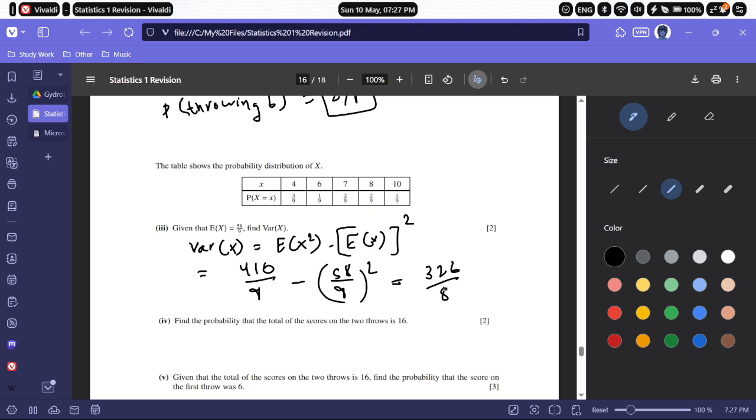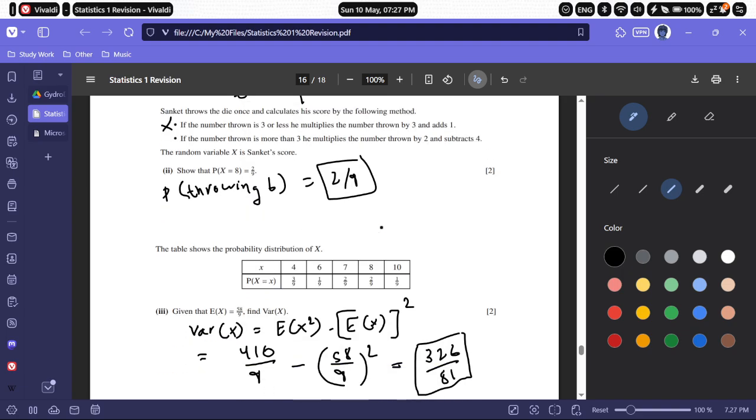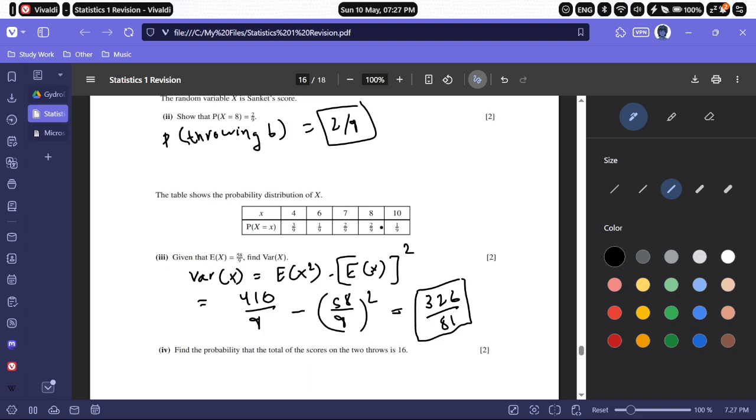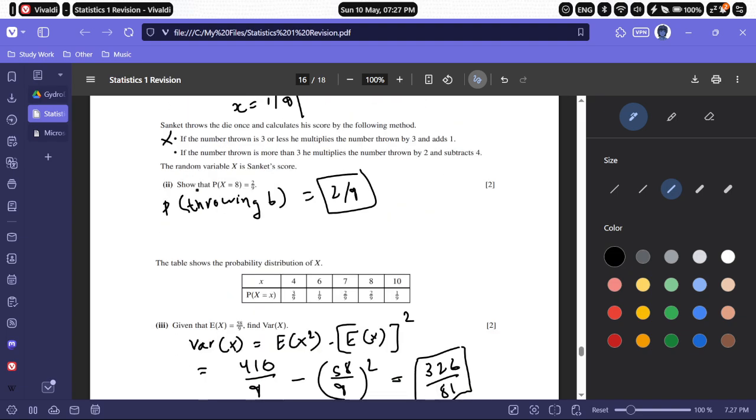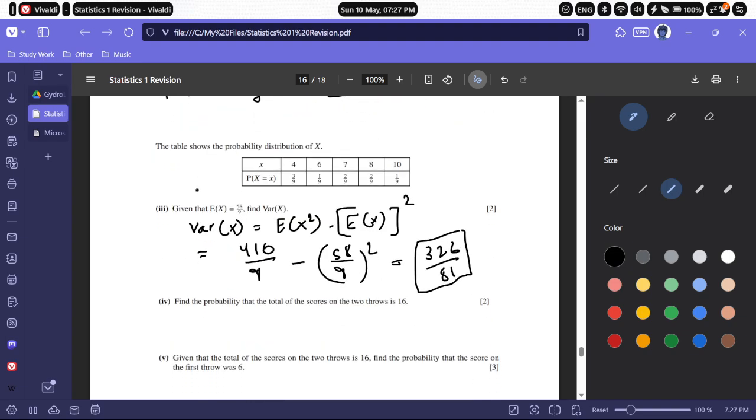So again, these types of questions are pretty easy. Now find the probability that the total of the scores on the two throws is 16. Keep in mind that first of all you're finding out when the total of the scores is 16. I think I skipped a part of this question, but this is basically a new part.